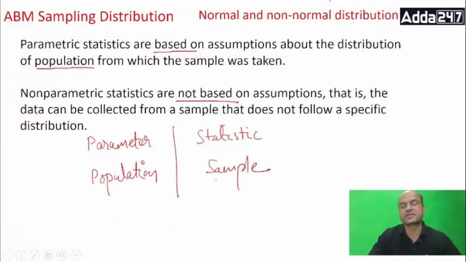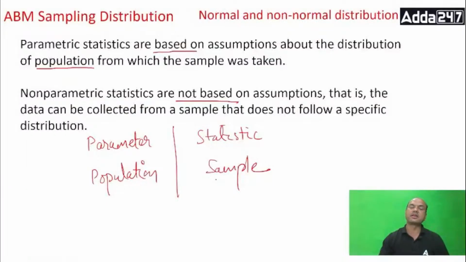Parametric statistics. Now understand the simple word again. Parameter relates to population. Statistic relates to your sample. So parametric statistics are based on the assumptions about the distribution of the population from which the sample is taken. Wherever you hear the word parameter, remember we are talking of population.